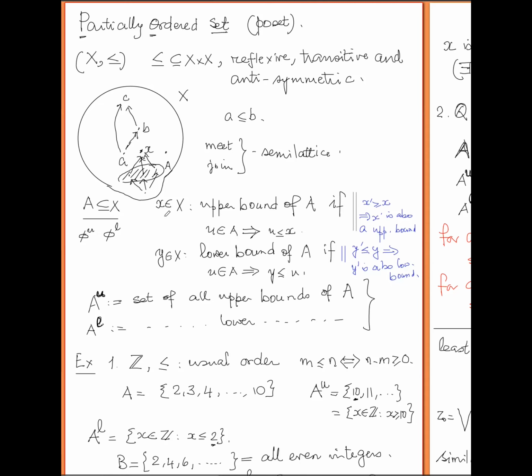You're saying that X is a member of the upper bounds of the empty set, provided for every member of the empty set, it is smaller than or equal to this. Will it be the set X, the set of upper bounds and lower bounds of the empty set?